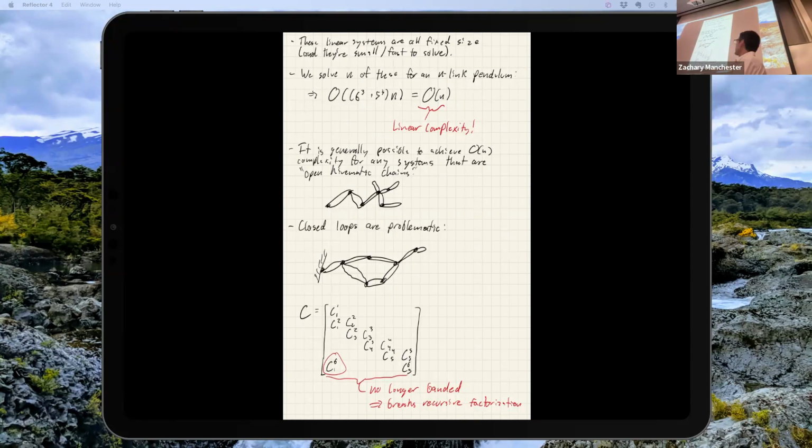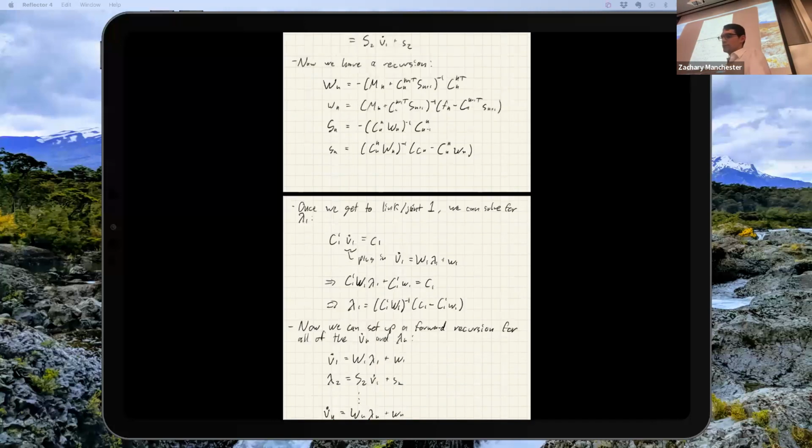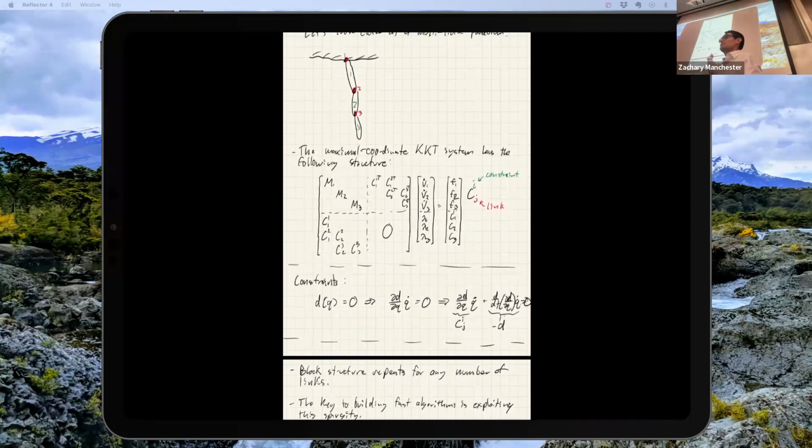So I was going to talk a little bit about how you get to the RNA stuff from here. This is all maximal coordinates, obviously. This is honestly the natural setting to do this stuff in, because the maximal coordinate stuff exposes this. This is just structure in that KKT system that you can see and then play games with, like we just did. In minimal coordinates, which is where Featherstone lives in RNA and all those things, you just have a dense mass matrix, and it's not at all obvious that there's some structure to play with there.